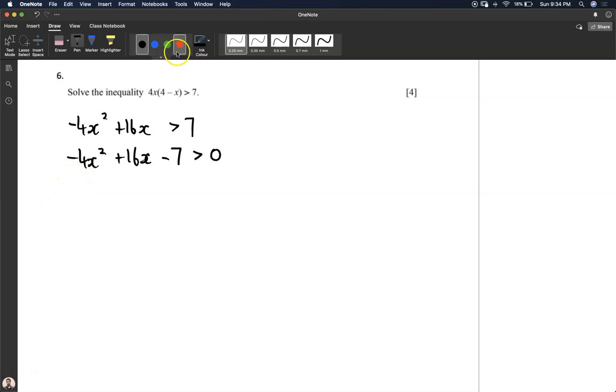Now the next step is not necessary, but it's useful. In some cases you might have to do this, so I'm just going to show it either way. Now I want to change the entire equation so the coefficient in front becomes positive. In order to do that, I multiply by negative 1.